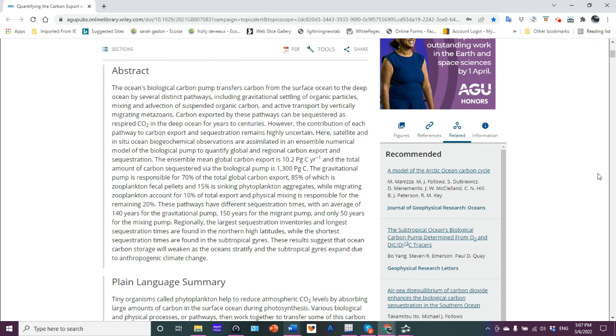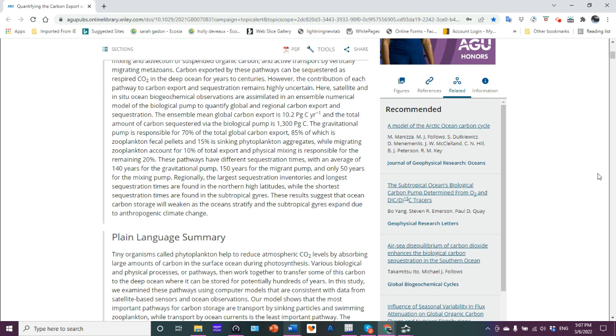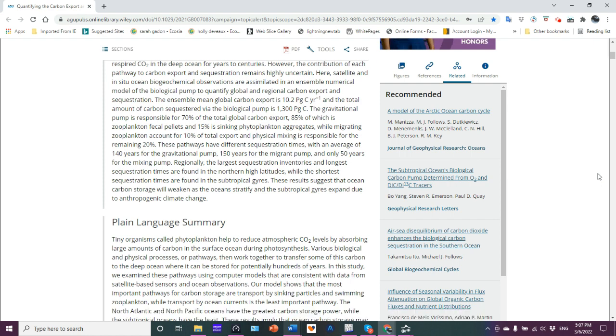The ensemble mean global carbon export is 10.2 petagrams of carbon per year, and the total amount of carbon sequestered via the biological pump is 1,300 petagrams of carbon. The gravitational pump is responsible for about 70% of the total global carbon export, 85% of which is zooplankton fecal pellets and 15% is sinking phytoplankton aggregates, while migrating zooplankton account for 10% of total export, and physical mixing is responsible for the remaining 20%.